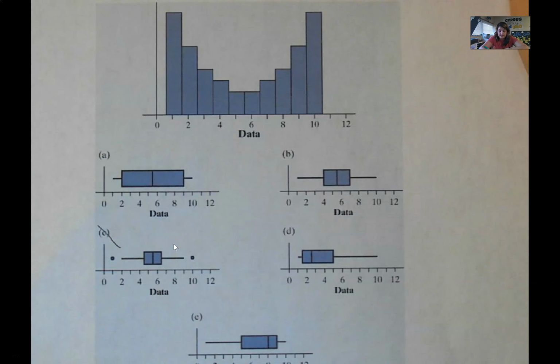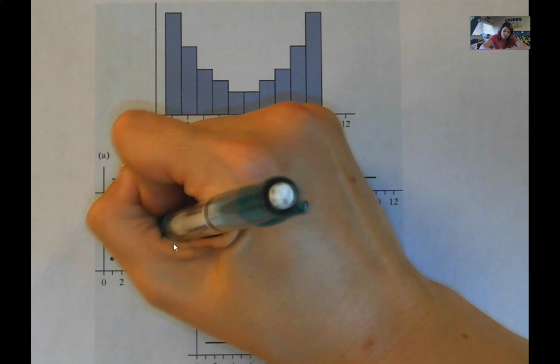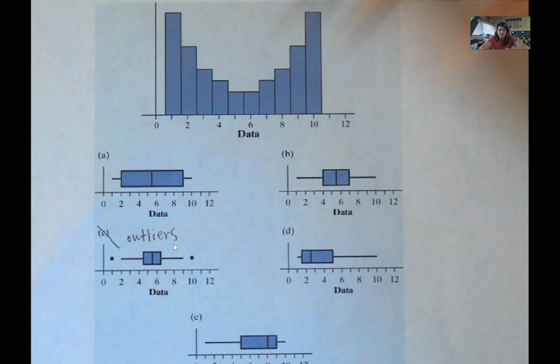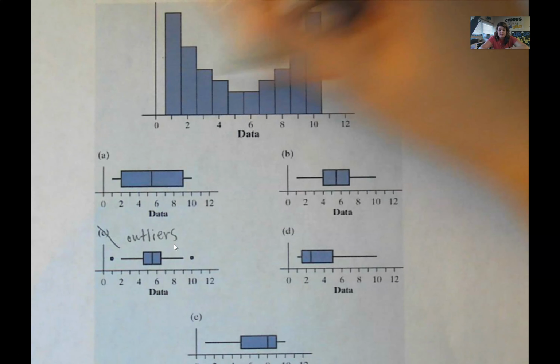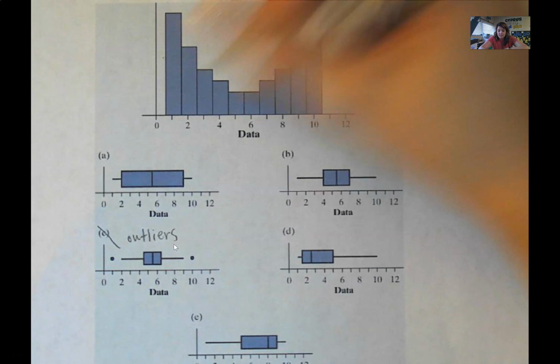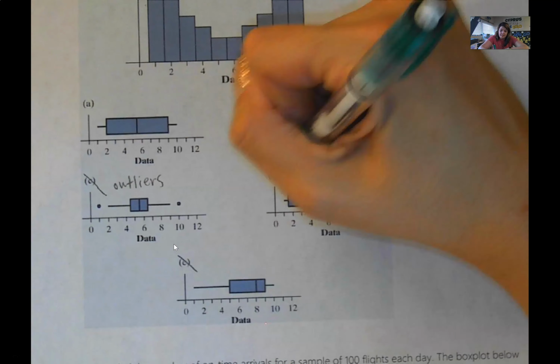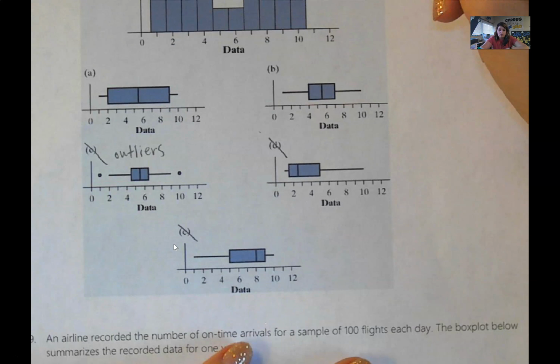Good. It has outliers. C is a no. It has an outlier on the lower end and upper end. The histogram is not showing me any outliers, at least the way that it's made. D and E are also a no. See if you can figure out why.